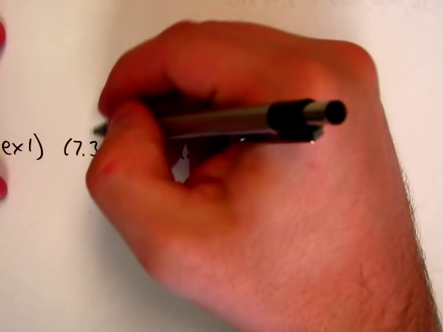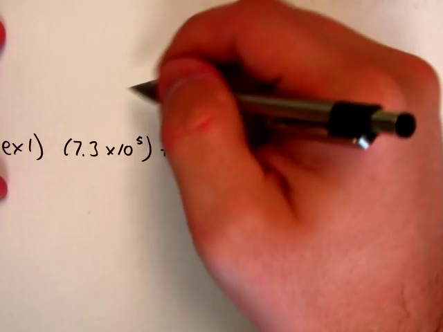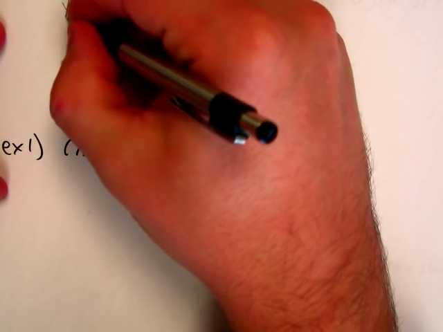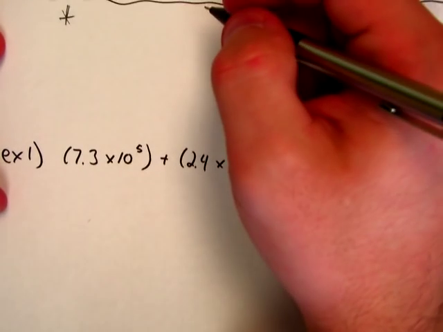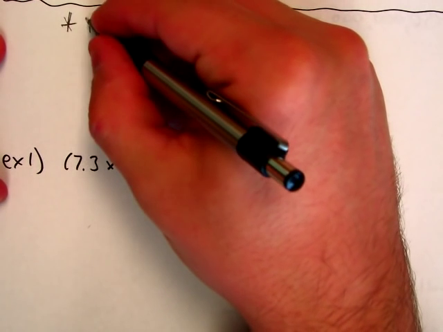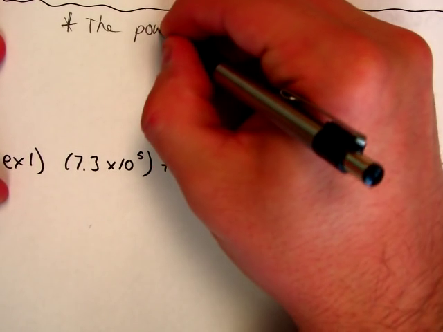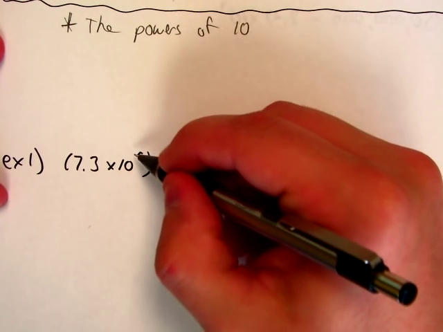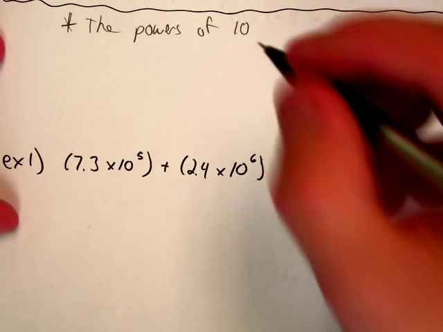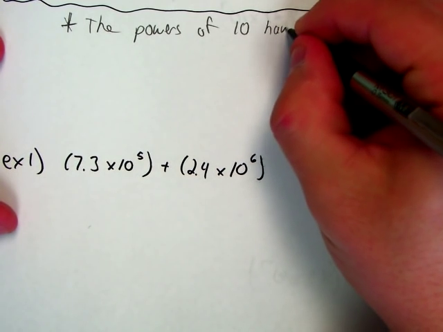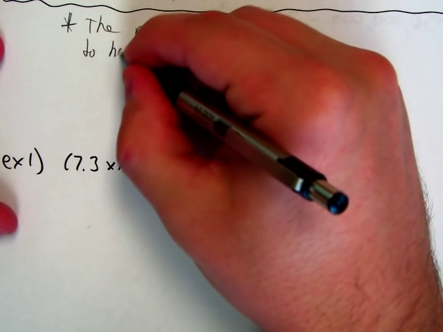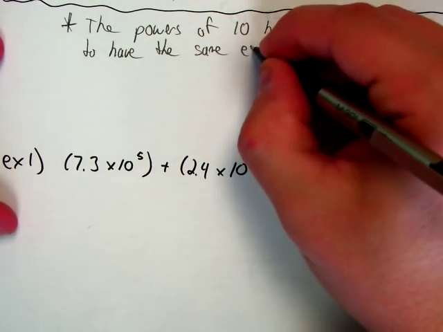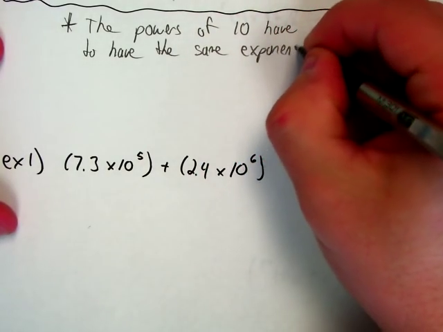So, whenever we are looking at addition and subtraction, the biggest thing is the powers of 10. That's this part here, the times 10 raised to an exponent. They have to have the same exponents.